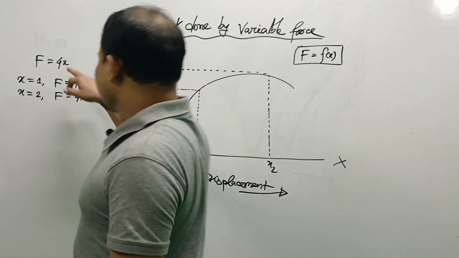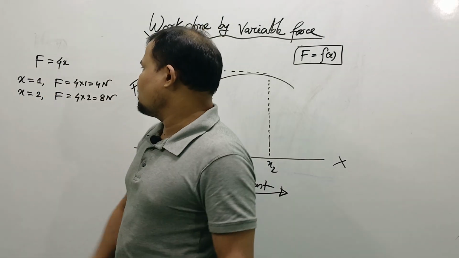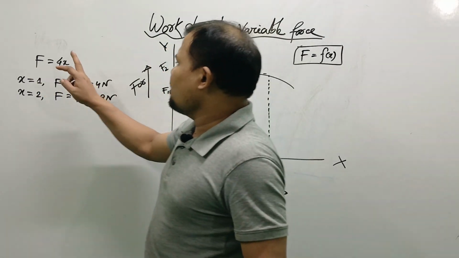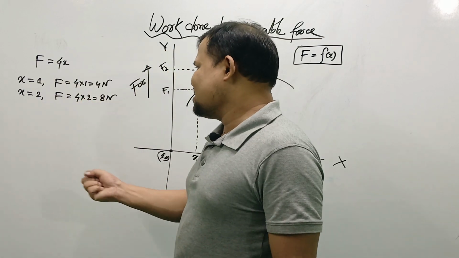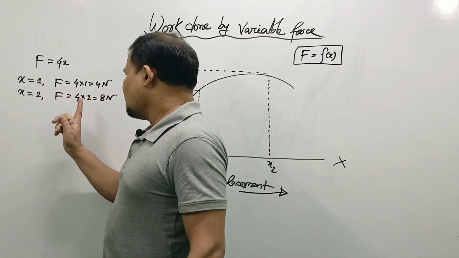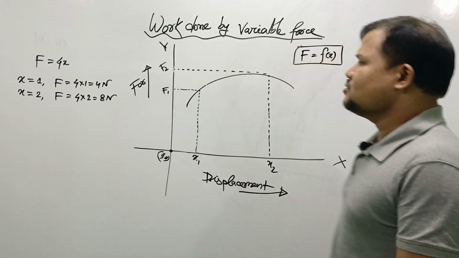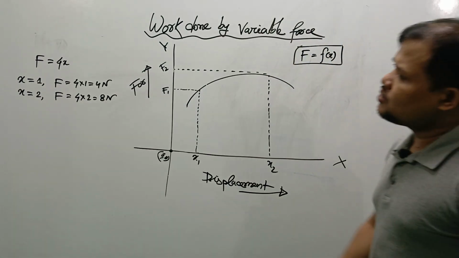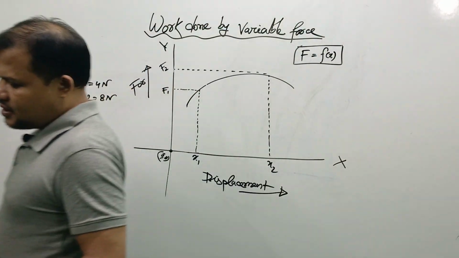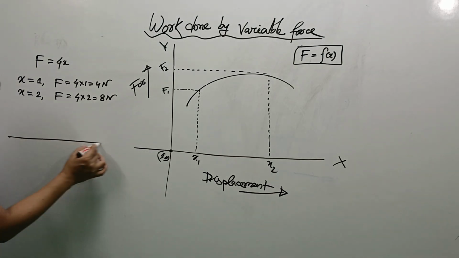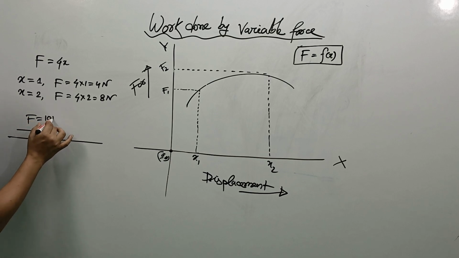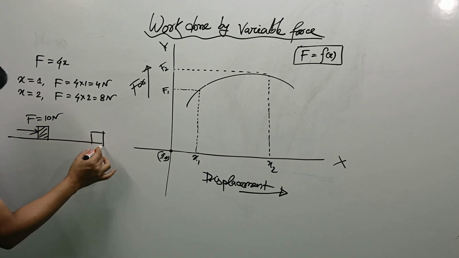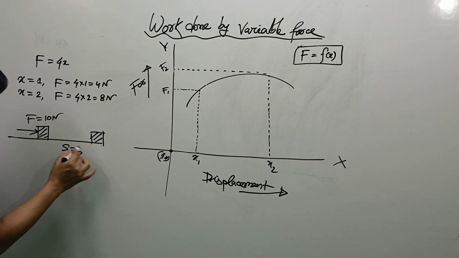is totally different. Okay, this is the independent variable, this is the dependent variable. When the value of x is 1, the force is 4 Newton. When we increase the displacement, then the force also changes. In our previous section, we learned that if we apply force F equal to 10 Newton, then the body comes here, S is equal to 5 meter.